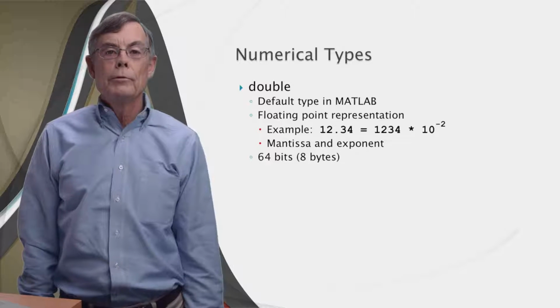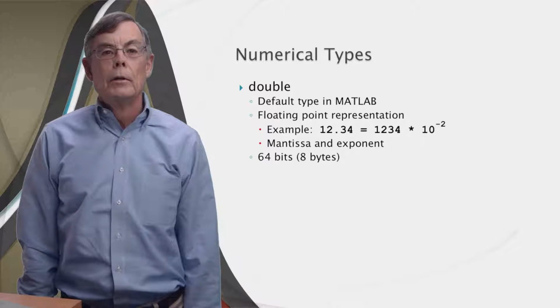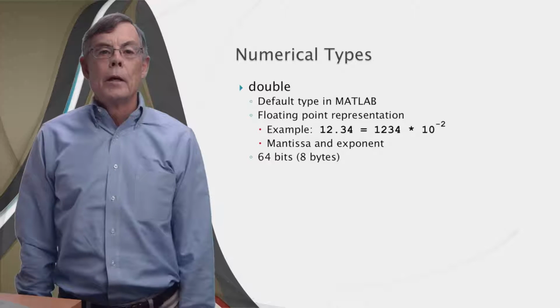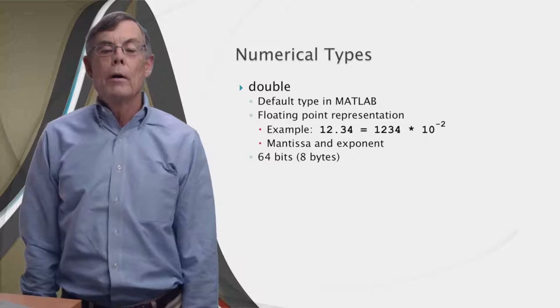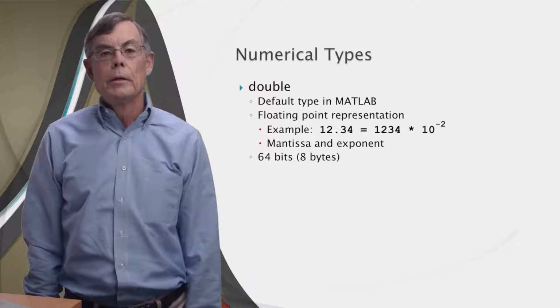So we can store two integers, 1,234 and -2, to represent the non-integer 12.34. In floating point representation, the 1,234 part is called the mantissa, and the -2 part is called the exponent.